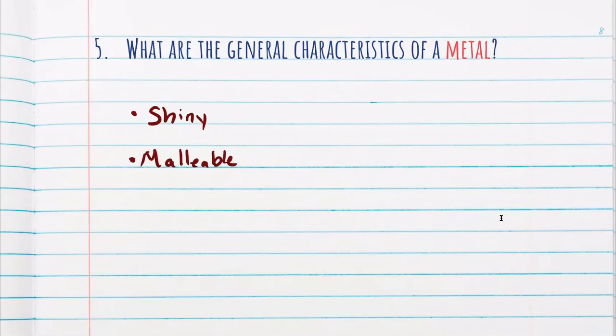And malleable just means that you can hit it and it'll bend or stretch. You can stretch them out really thin to make wires. They're also really good at conducting heat, so great conductors of heat. If you notice, most of our pots and pans are made out of metals, so that's why.